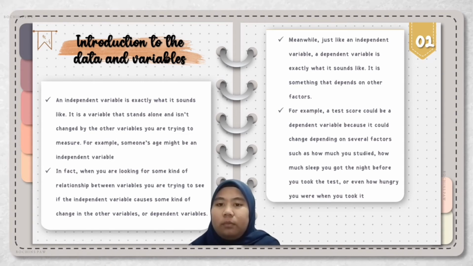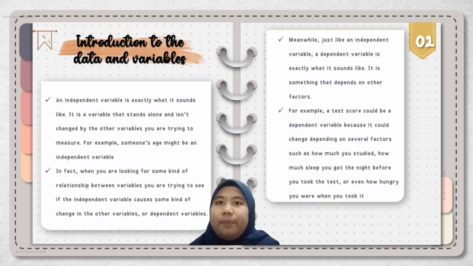Meanwhile, just like the independent variable, the dependent variable is exactly what it sounds like. It is something that depends on other factors.